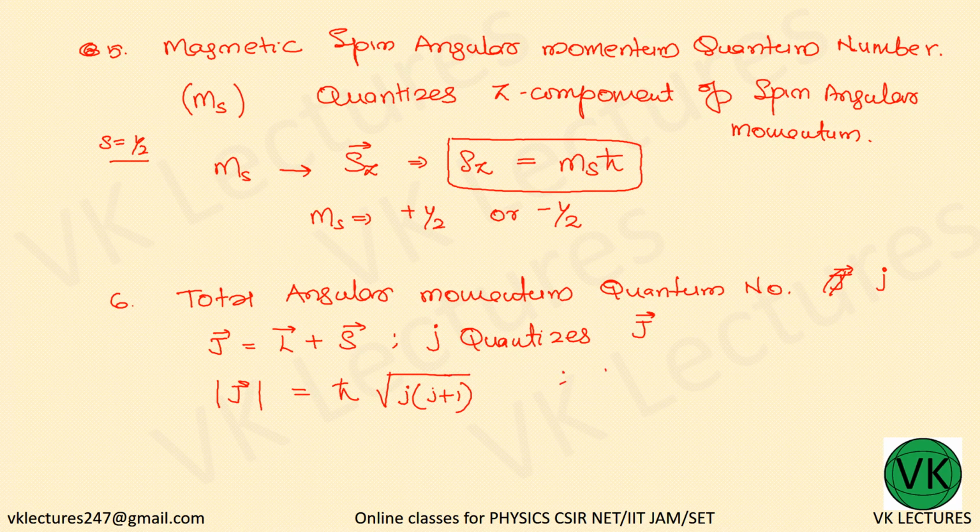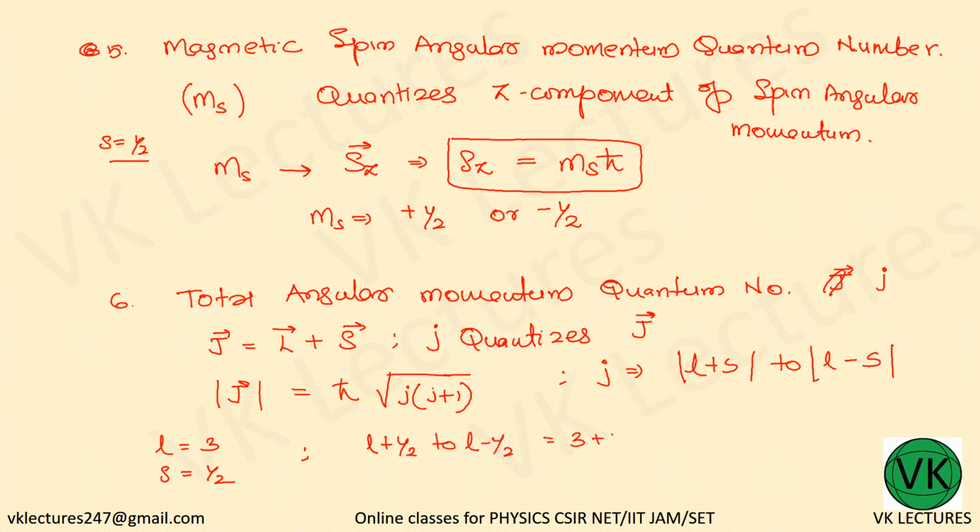Okay, and what are the possible values of J? The J value can be taken from L plus S, that is the magnitude, to L minus S. Just for example, if we have L value equal to 3 and S value equal to half, the J value can take values from L plus half to L minus half, so that is 3 plus half to 3 minus half, that is 7 by 2 to 5 by 2.